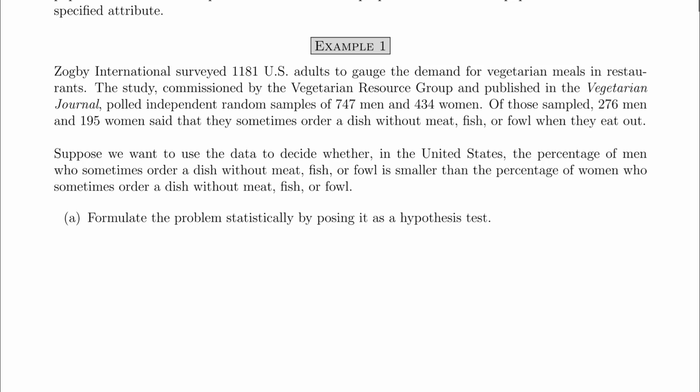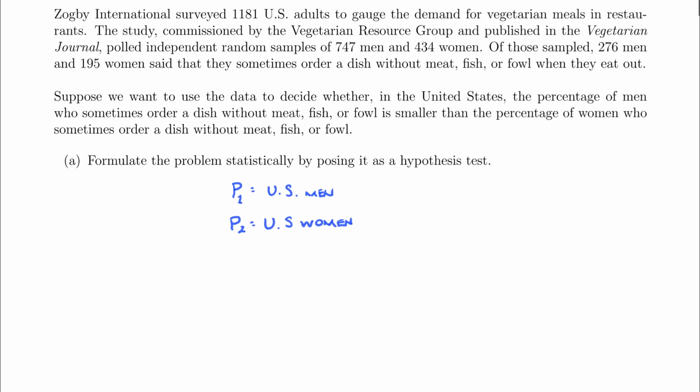So the two populations that we're going to be looking at: population 1 is U.S. men, and our second population will be U.S. women. Now we have to denote the population proportions.